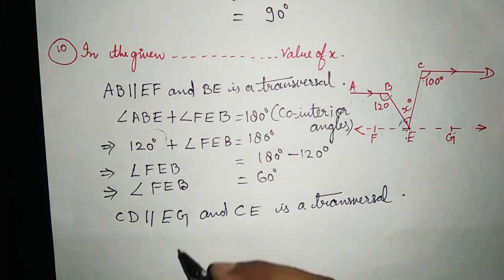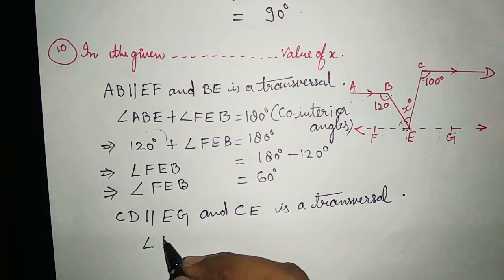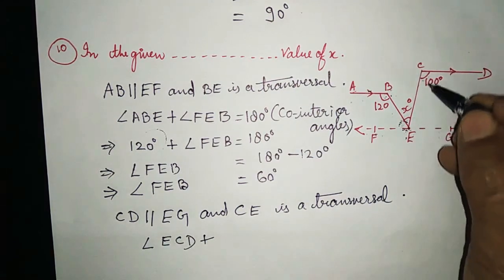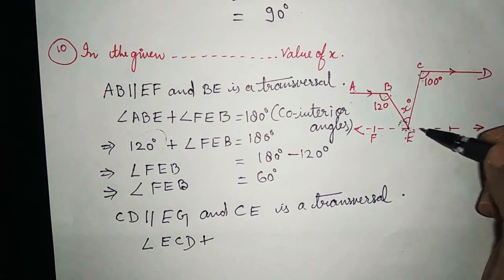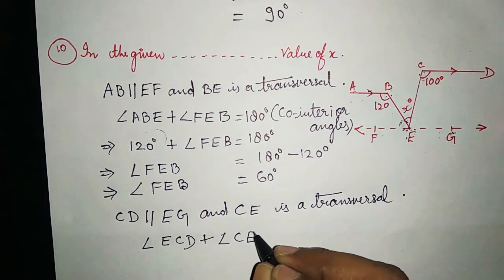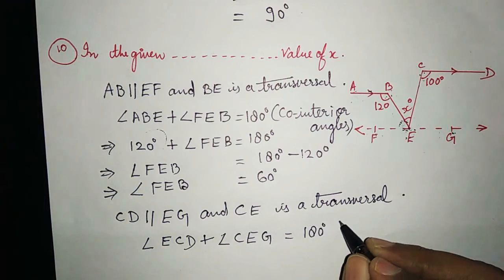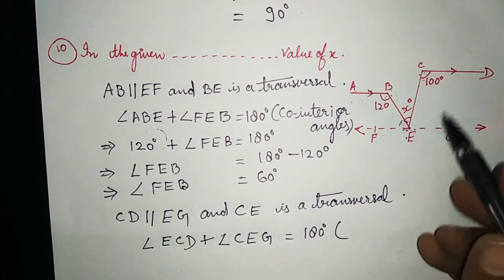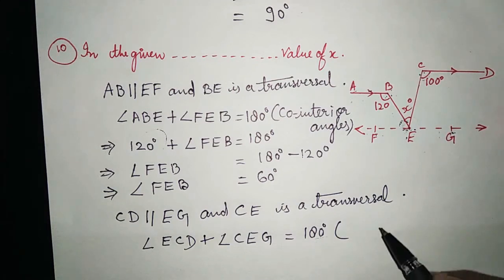So here we will write angle ECD plus angle CEG equals 180 degrees. They are co-interior angles, and co-interior angles are supplementary, so their sum we will write 180 degrees.